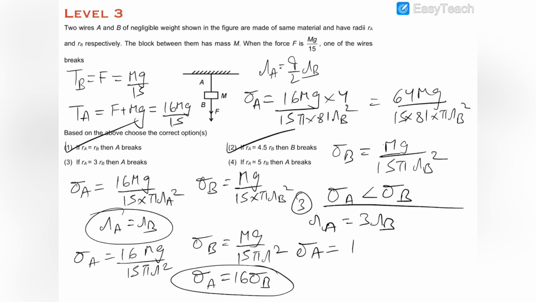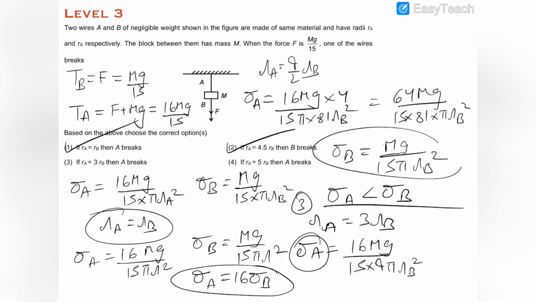So this is 16 mg by 9 into 15 pi RB square. And if I compare sigma A with sigma B, you can see that 16 by 9 is greater, therefore sigma A is greater than sigma B. Therefore option number A is correct because A will break.